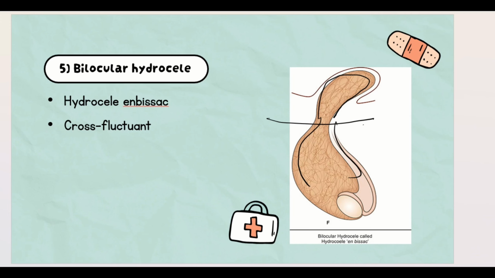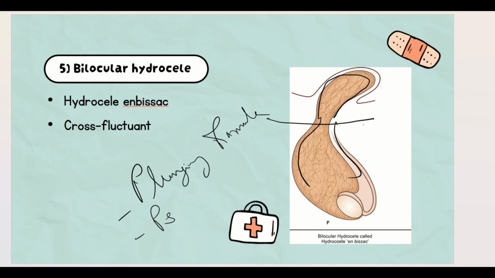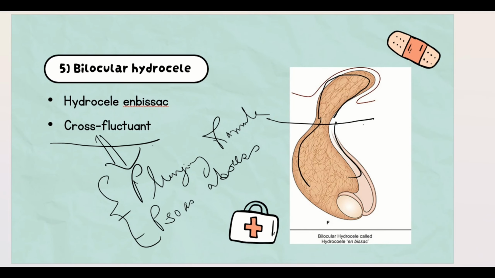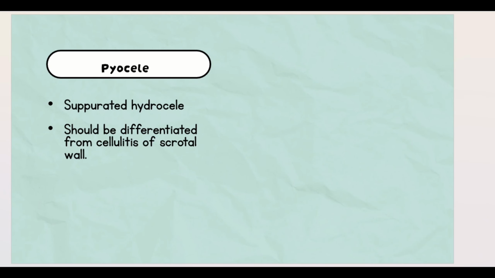Can you tell me another condition where cross-fluctuation test is positive? Yes, another condition is plunging ranula. And next is Psoas abscess. In these two conditions also cross-fluctuation test is positive.